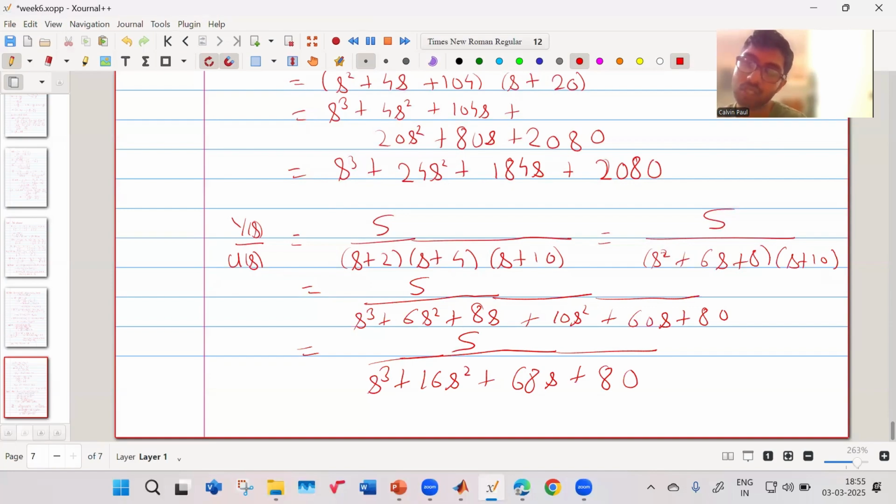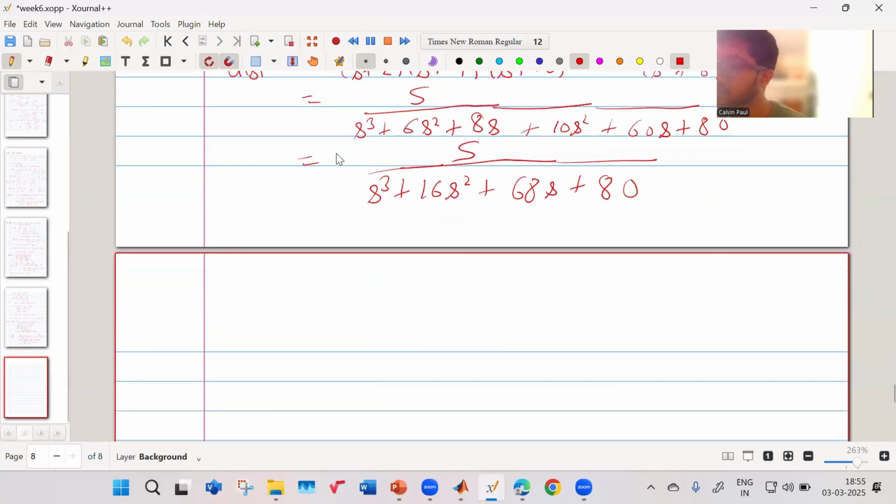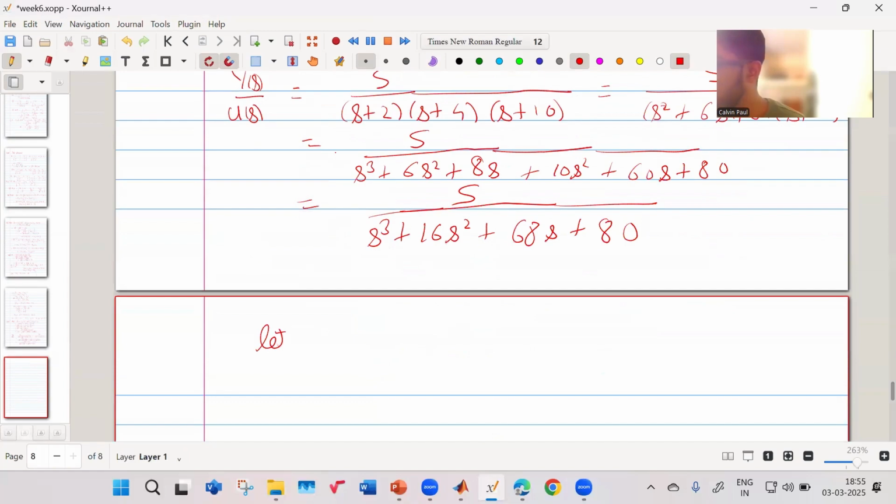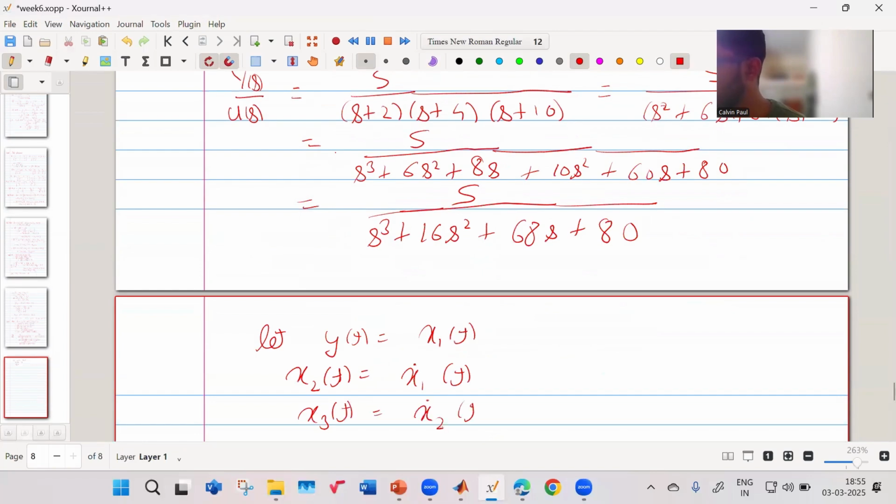Now, what is desired is we must do pole placement via state feedback, right? So we need to know what the states are. So when we want to represent it in canonical form, we let y of t be equal to x1 of t. We take x2 of t equal to x1 dot of t and x3 of t equal to x2 dot of t.